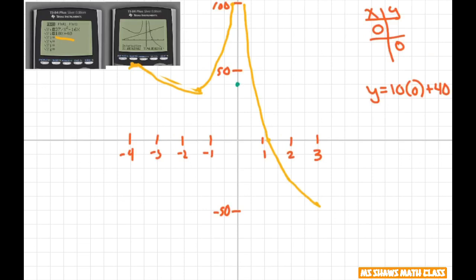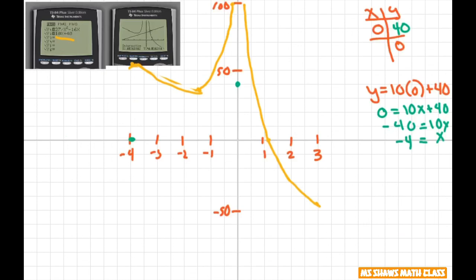So right there. And when y is 0, you're going to get 10x plus 40, so negative 40 equals 10x, so x equals negative 4. So when x is 0, we're at here.